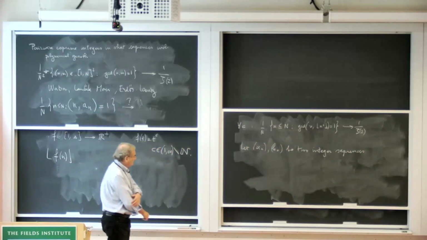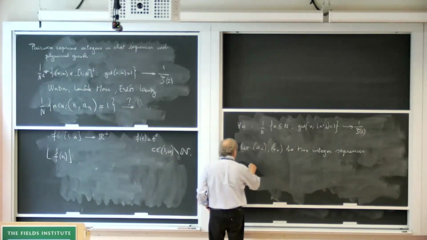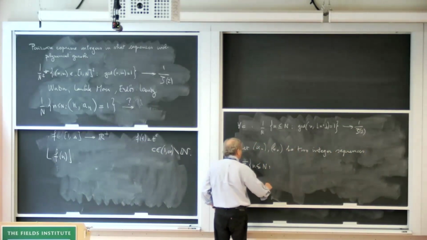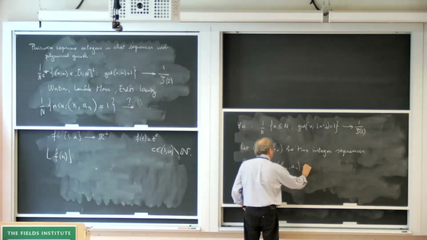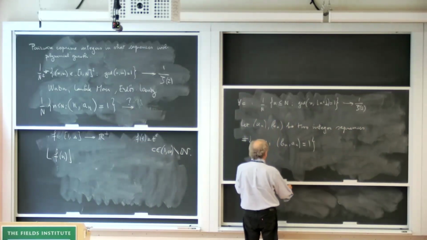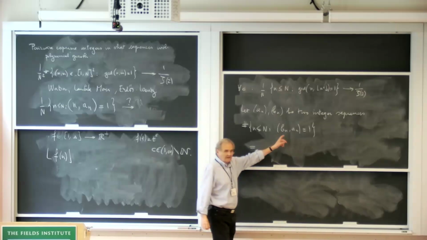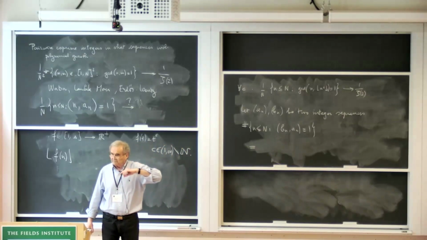You want to count the number of n up to N such that the GCD of Bn and An is equal to 1. So how do you do that? You may detect the fact that the GCD is equal to 1 just by using the Möbius function.